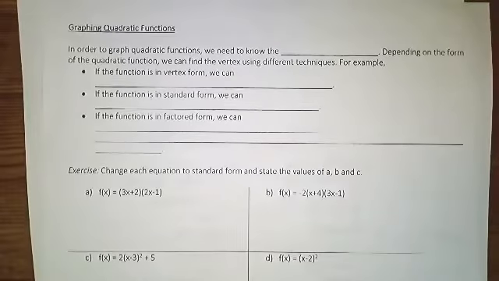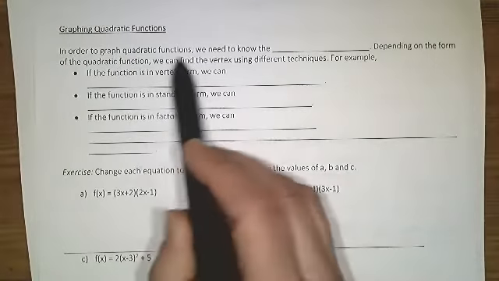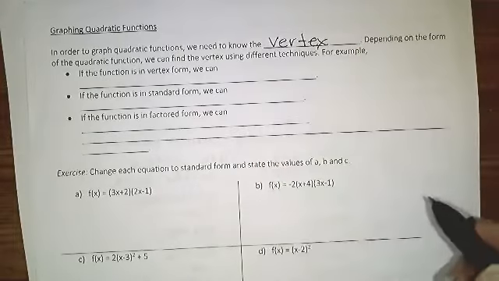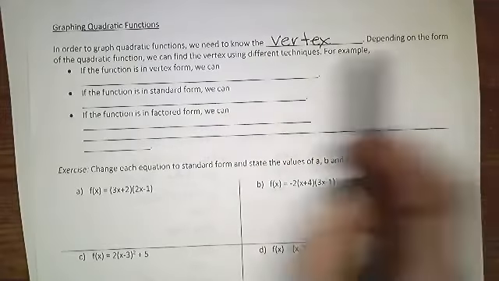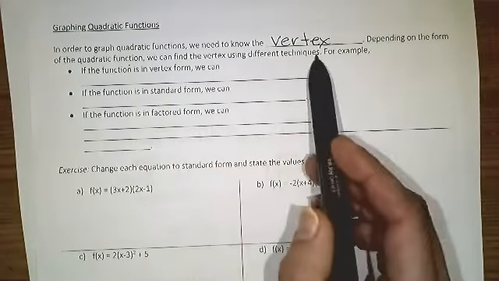In order to graph quadratic functions, we need to know the vertex. Remember, this is the most important point on our graph. Depending on the form of the quadratic function, we can find the vertex using different techniques.